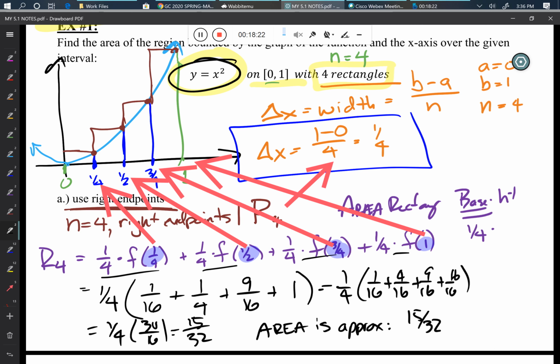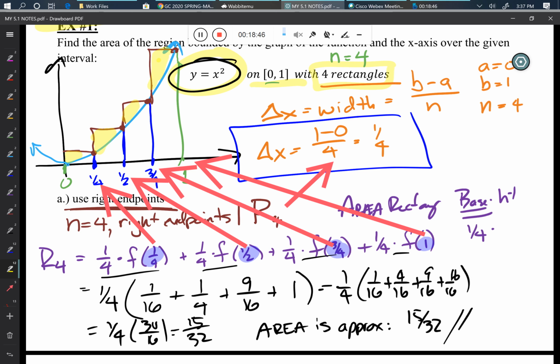Okay? Now, some things to note about this. This is an overestimate. Right? All of this space right here that I'm shading in yellow, we're measuring all that and counting all that, and that really shouldn't be there because it's an overestimate.